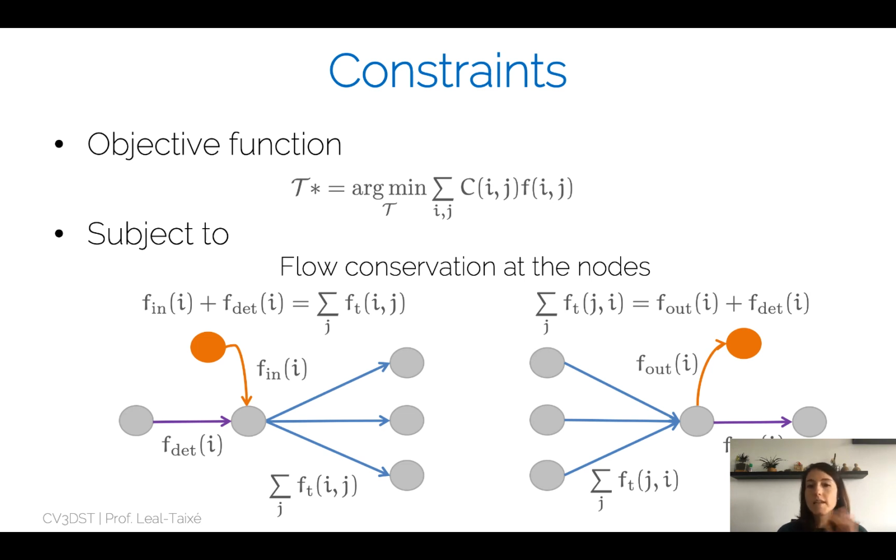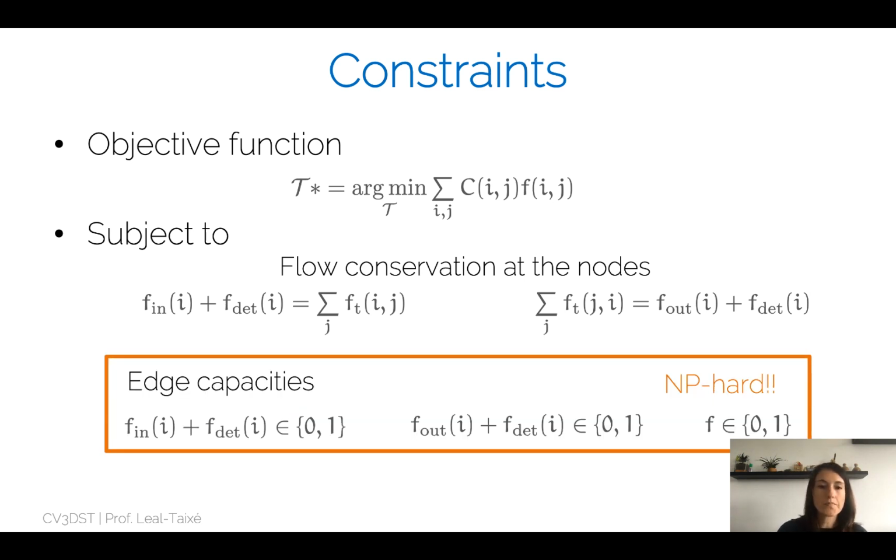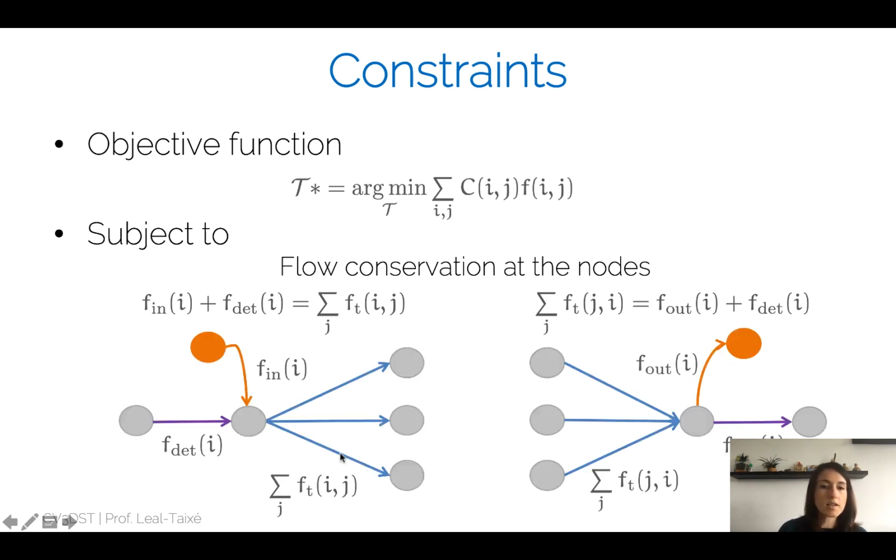So I've already hinted at the second set of constraints, which is the edge capacities. Essentially, we want these flows to be constrained between 0 and 1. So all the flow that is going to come in or out of a node is going to be either 0 or 1. This is because I want to assign to one detection one trajectory, right?